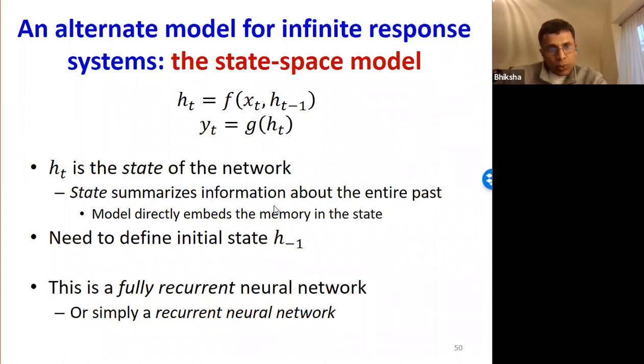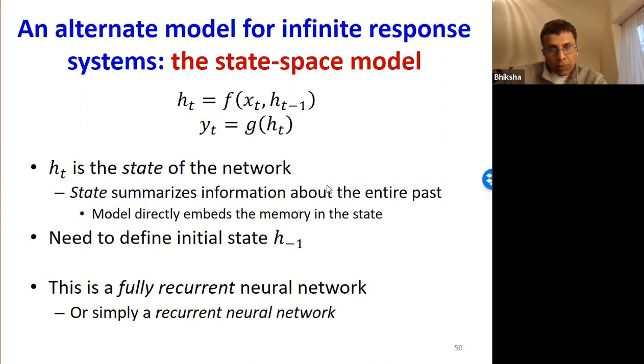Now, for this recursion to work, of course, we need to define the initial state h minus 1. And the state summarizes information about the entire past because it's self-referential. So the state at any time carries information about the current input, but also the state of the past time. The output itself at any time simply depends on the state at the current time.